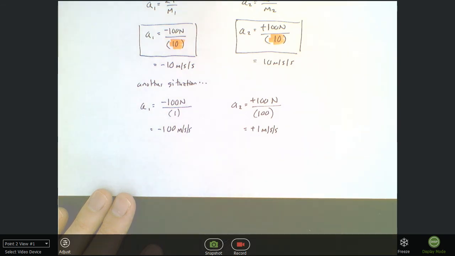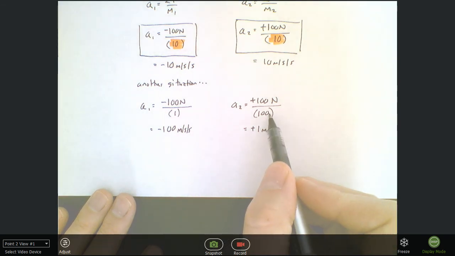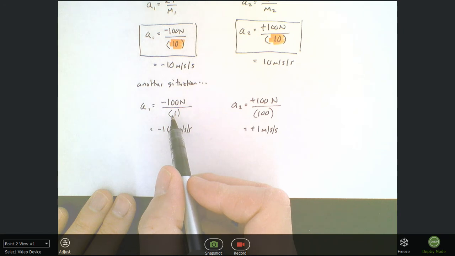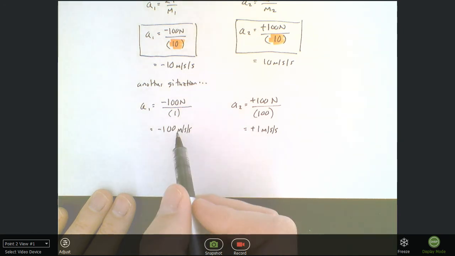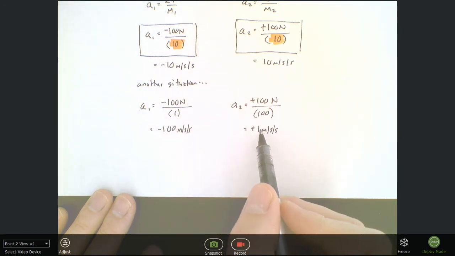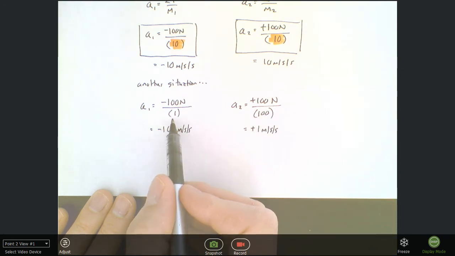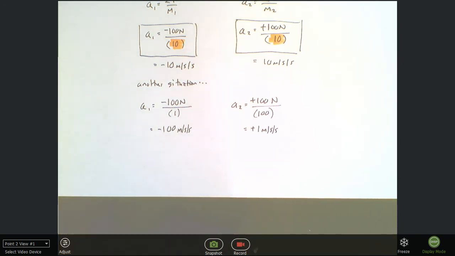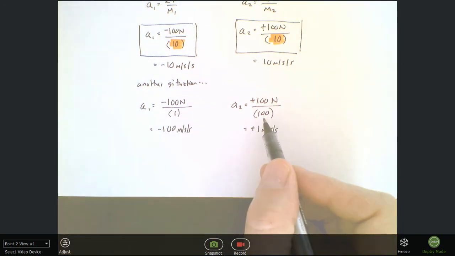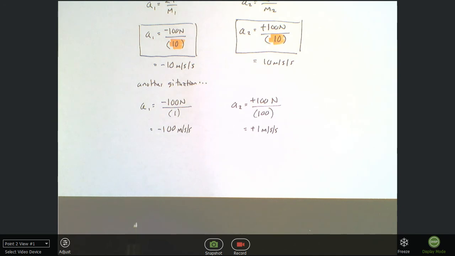Okay? What if this was 1,000 kilograms and this was 0.1 kilograms? It would be like you pushing off a wall, right? The heavier you make the second object and the lighter the other object, the one object just appears to be the one that accelerates, whereas the other one doesn't. You could take the situation of two people sitting on a skateboard.